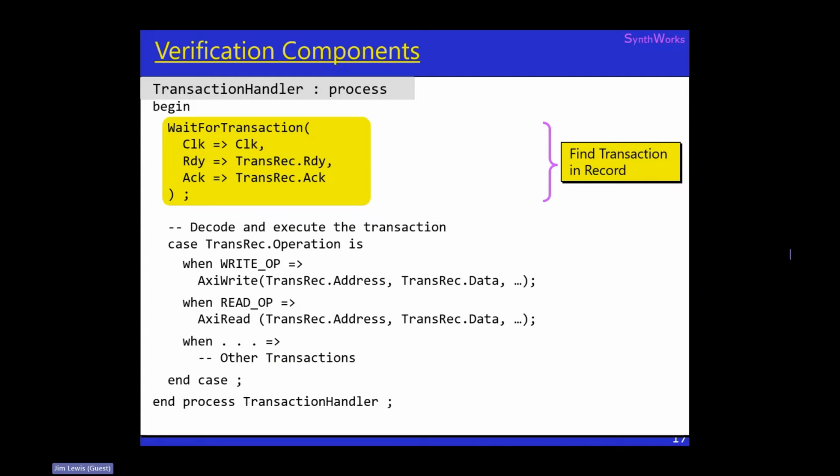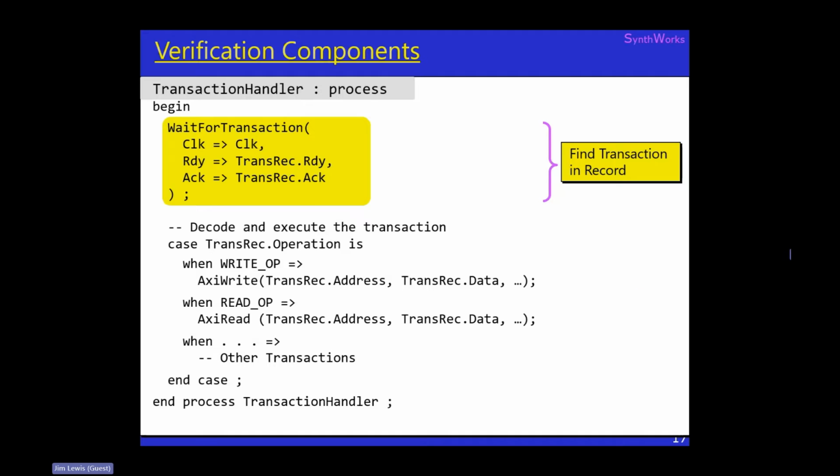Then inside a very, very basic verification component, we start with this wait for transaction. This collaborates with a transaction API that puts things into the record and then signals it through incrementing ready. And when ready increments, wait for transaction wakes up. It has been blocking up to this point.